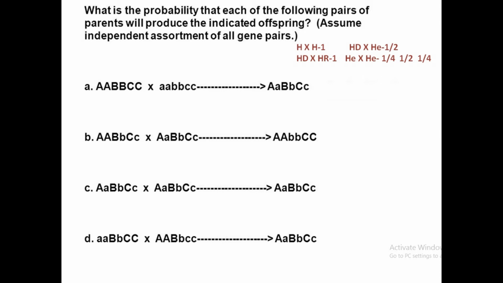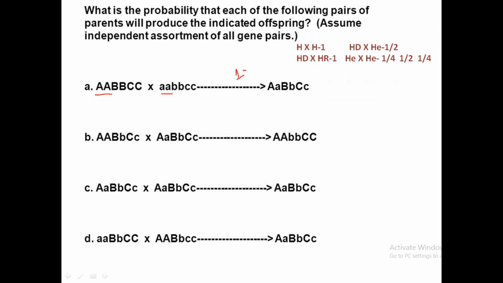So now let's solve this kind of problems. If we cross between these two genotypes, we have to cross each thing individually. So capital A and small a both are homozygous, so we should get 1. So here the probability that after crossing between capital A and small a we will get capital A small a is 1.